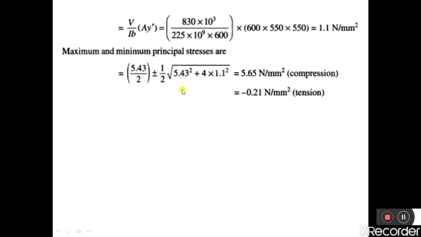These two conditions you should remember. And also you should remember the formula to calculate maximum and minimum principal stresses when vertical prestressing is given and when vertical prestressing is not given. These are the things you should remember to calculate the maximum and minimum principal stresses along prestressed concrete members.